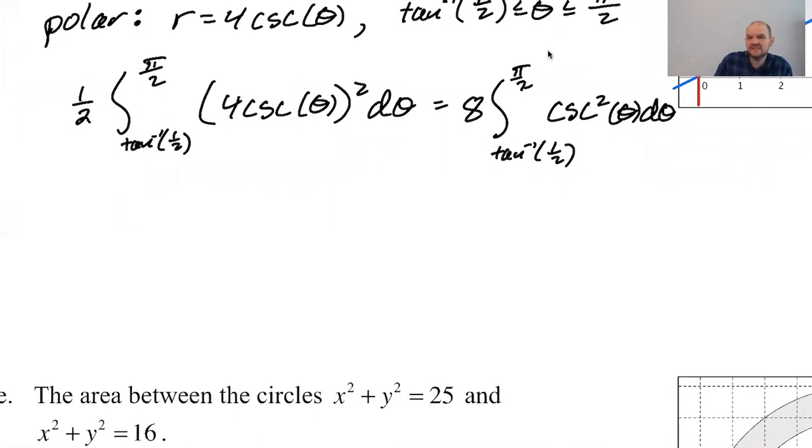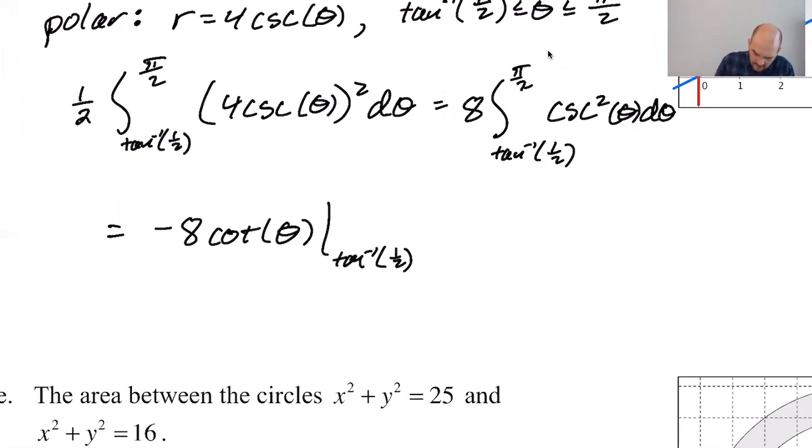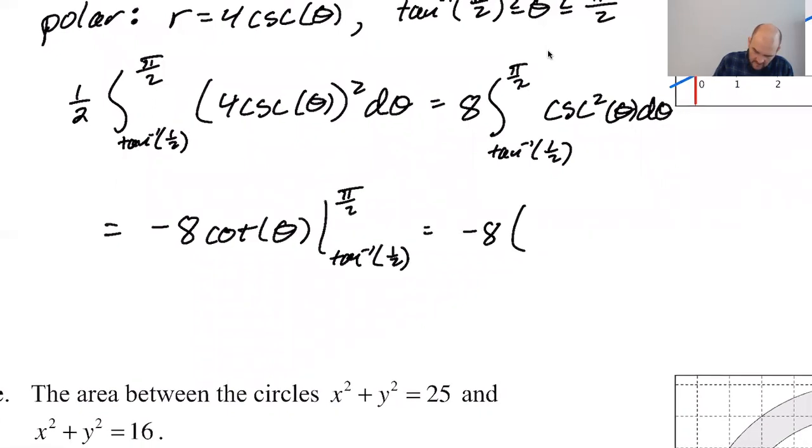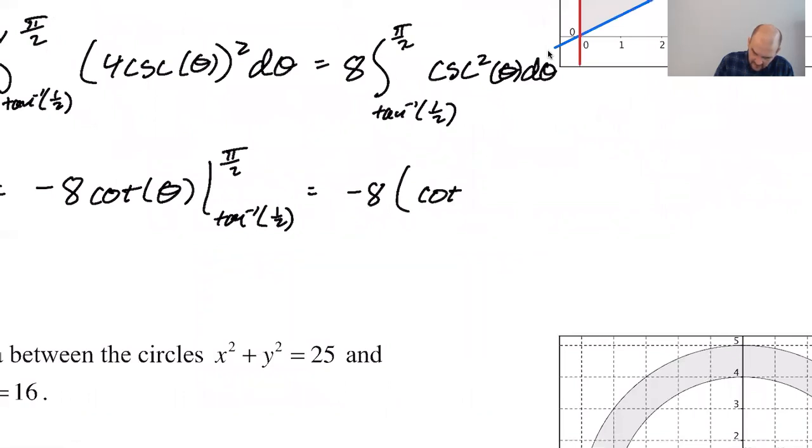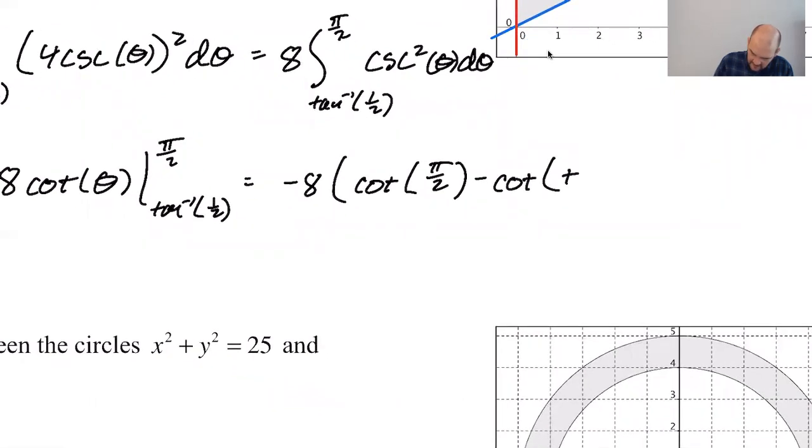The derivative of cotangent is negative cosecant squared, so this will be negative 8 cotangent of theta from the inverse tangent of 1/2. So I'm going to have to do the cotangent of the inverse tangent, which I might need to think about, but it's just going to be 2. It depends on how much you want to think. So negative 8 times cotangent of pi over 2, which is 0, minus the cotangent of the inverse tangent of 1/2.